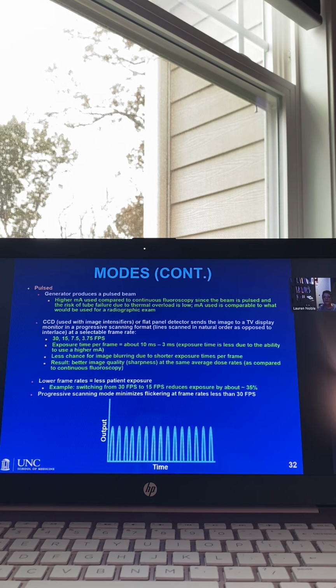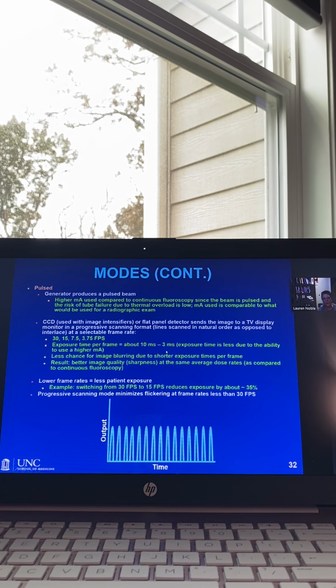So since the image display is able to happen very fast, that's why we're also able to use a high mA and a very short exposure time, because the image will display very quickly and then it can move on and display the next image. So everything can happen very rapidly because of the time factor in this whole chain of events.